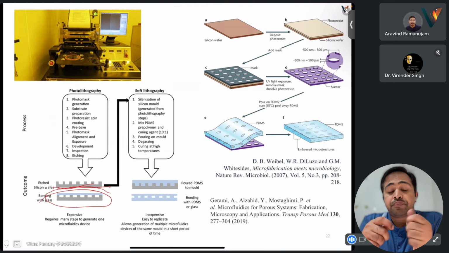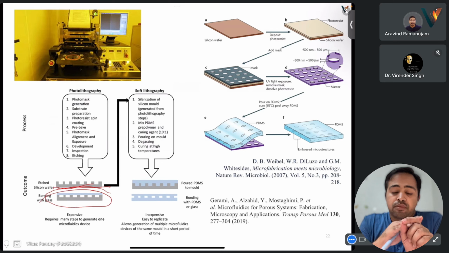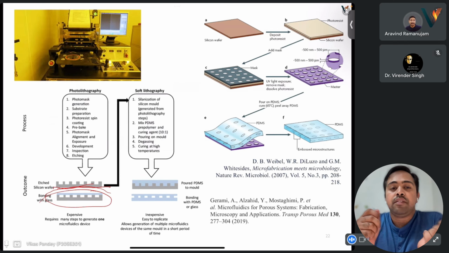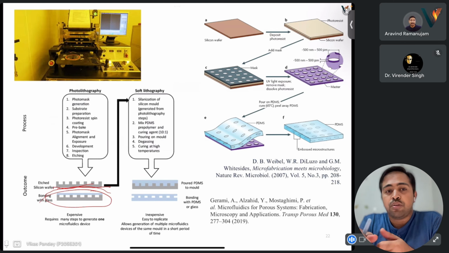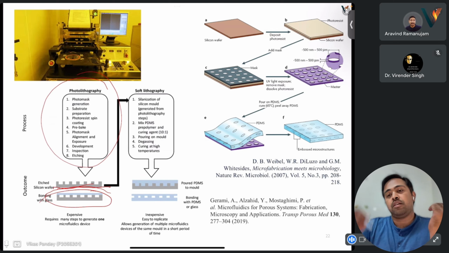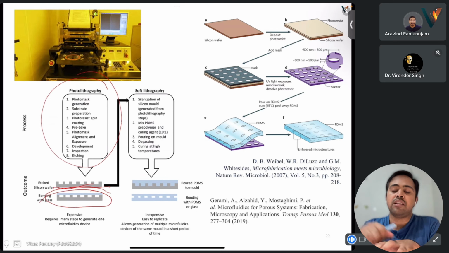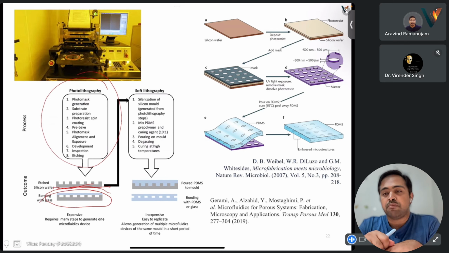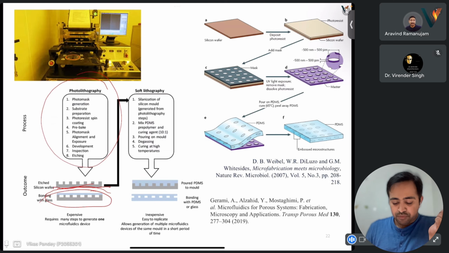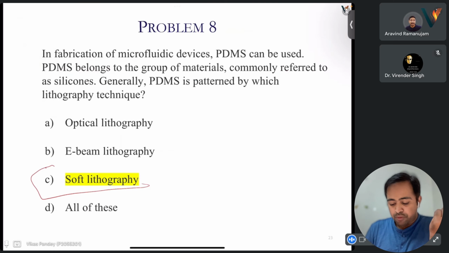So to take care of this, an inverse process is used, and this is specially known as soft lithography. That involves photolithography, and then comes the soft lithography process, that is stamping or patterning. Some people call it stamping or patterning. So the correct answer is soft lithography.